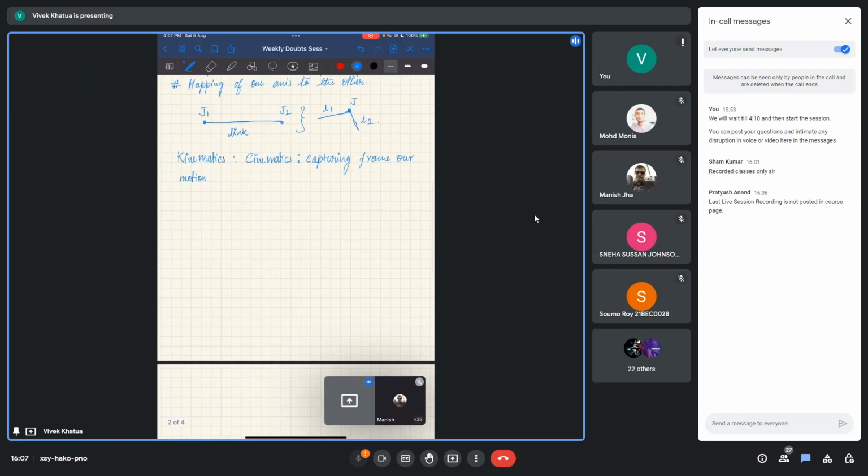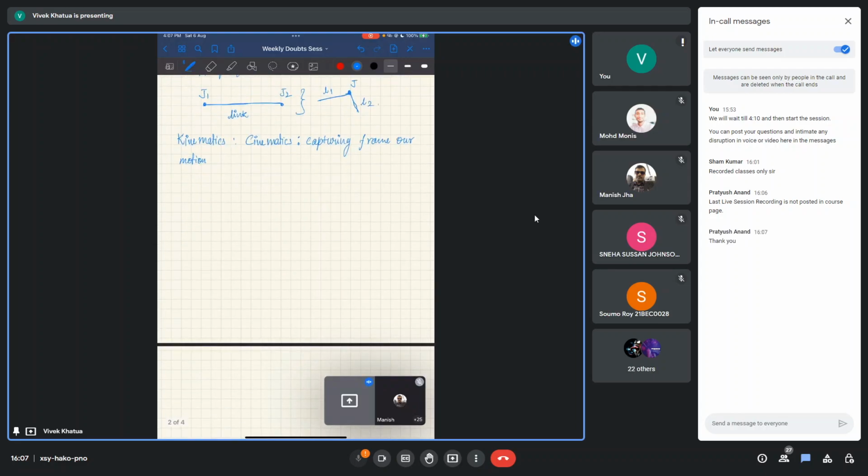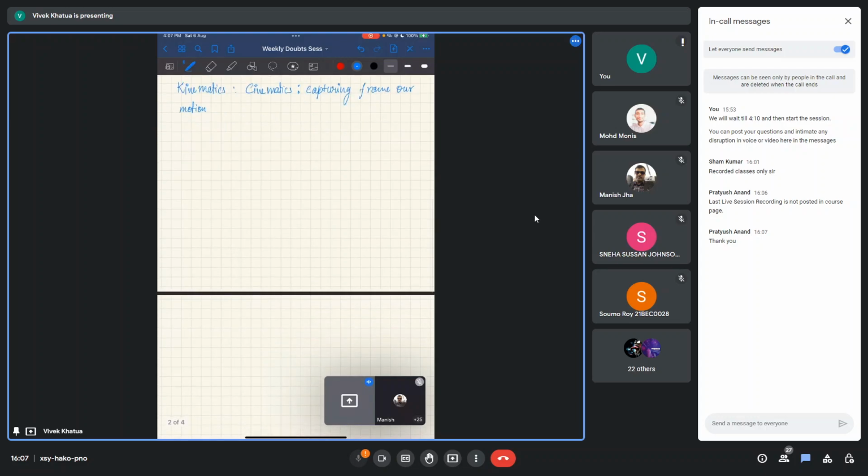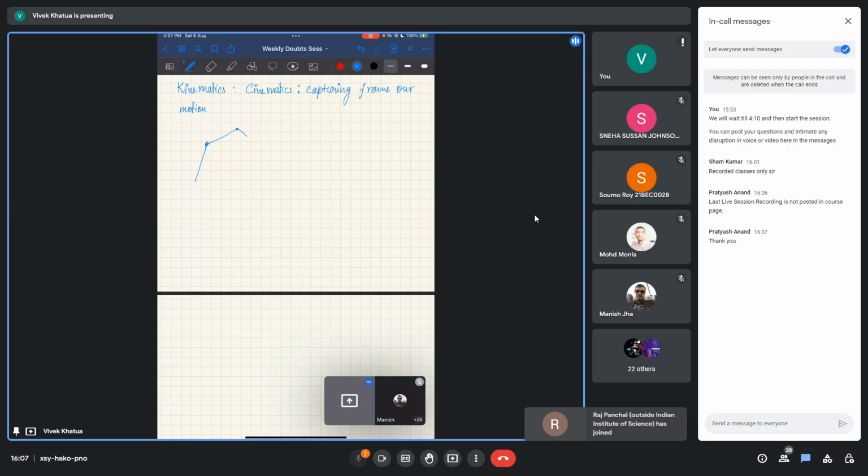So what we are interested in is kinematics, like we want to capture frames in between. Let's take a simple 3R robot. Here's a revolute, here's a revolute, here's a revolute. There are 3 Rs in series.